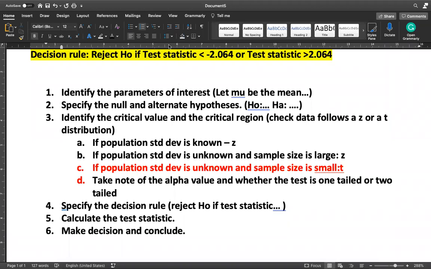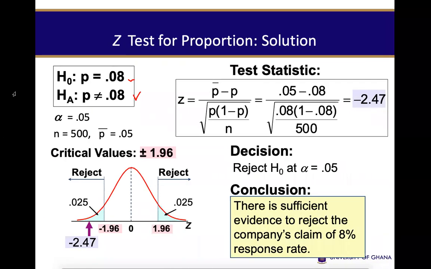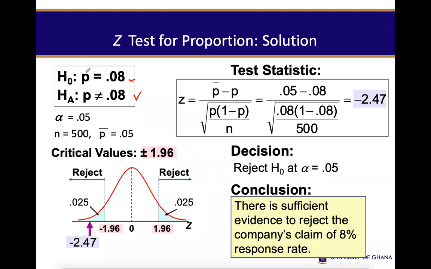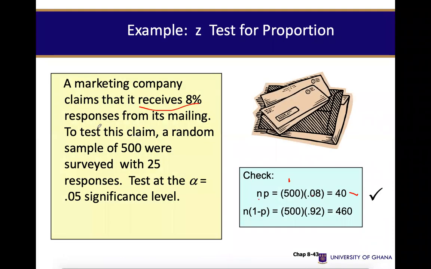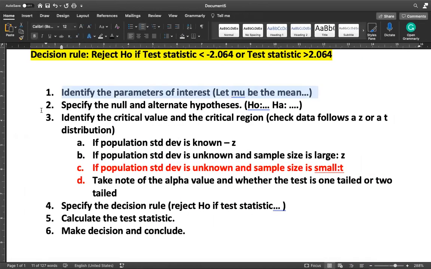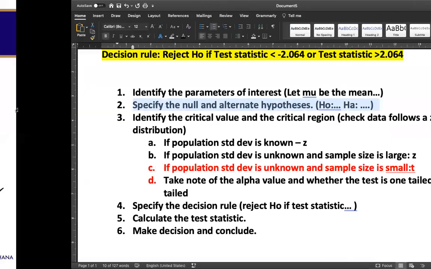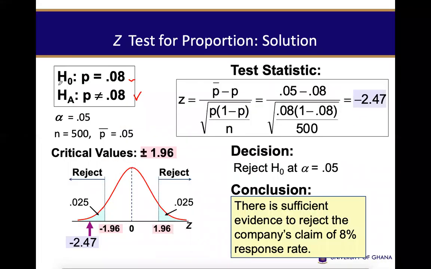Based on the test, you would realize that first of all, we've identified our parameter of interest, and our parameter of interest is the proportion of responses that the marketing company receives from its mailing list. Then specifying the null and alternate hypothesis, I think we've done that.